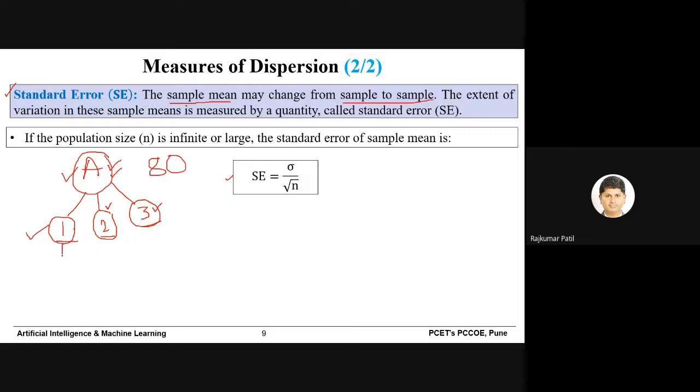So let's say 100 components are manufactured in shift 1. For those components, the mean is, let's say, mu1. Again in shift 2, 100 components are manufactured, and let's say their mean is mu2.